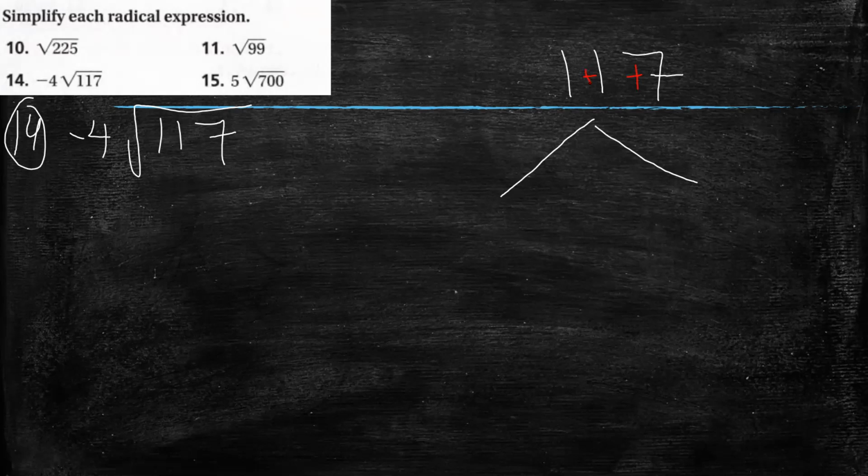Now, since 9 is a multiple of 3, I can divide it by 3. Is it right? Yes. Okay. Then let's divide 117 by 3.